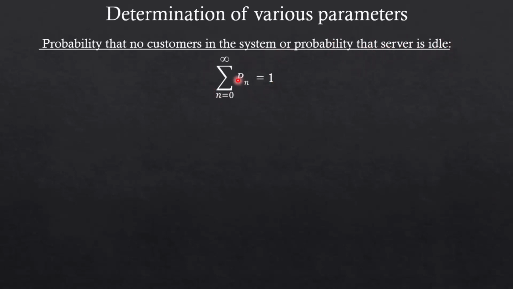This equation shows the probability of having n customers, where n starts from 0 to infinity, or we can easily understand it as the total probability up to infinity being equal to 1. So we have the probability of having 0 customers in the system, 1 customer in the system, 2 customers in the system, and so on up to infinity. And this complete sum is unity, or we can say 100%.